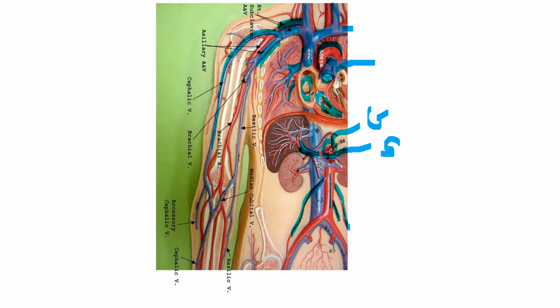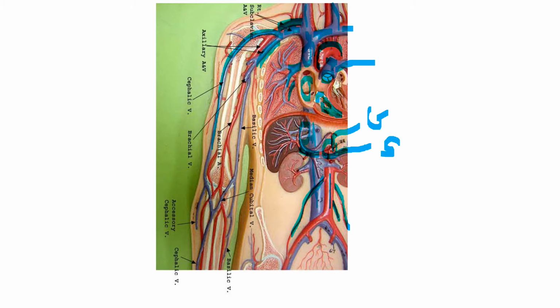And the vein that is going with it would be the hepatic portal vein at that point. These veins up here that are dumping into the inferior vena cava represent the hepatic veins, carrying oxygen-poor blood, but blood that has been detoxified or cleansed, if you will, by the liver hepatocytes.